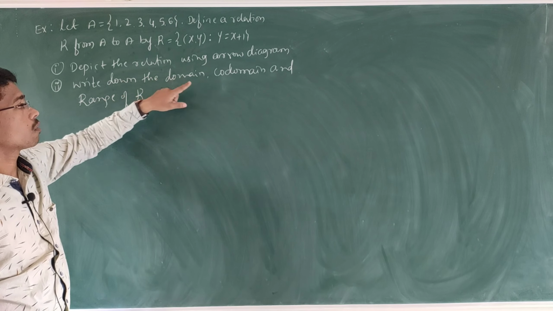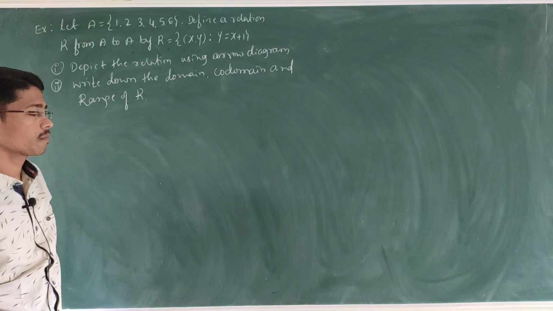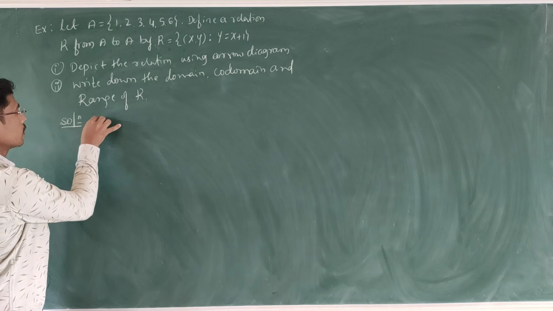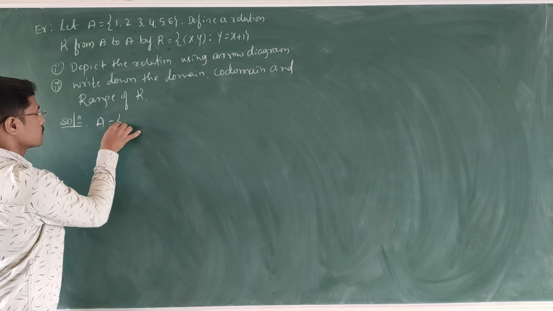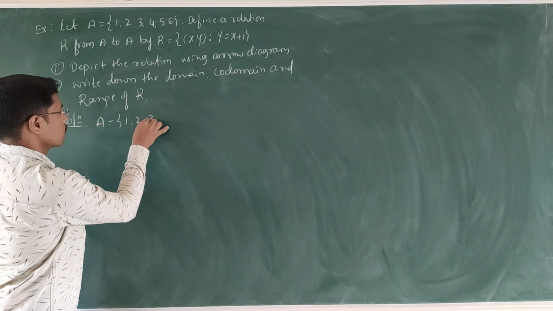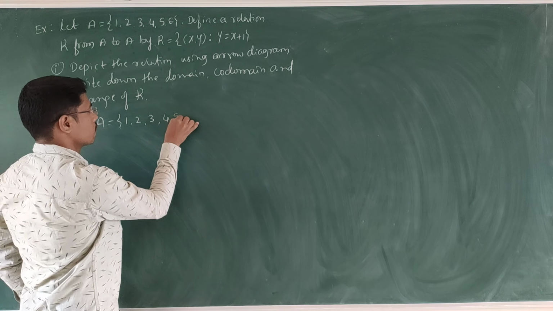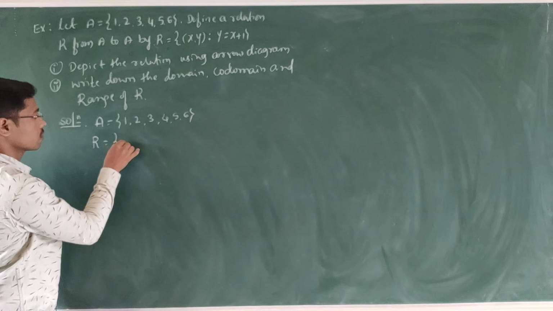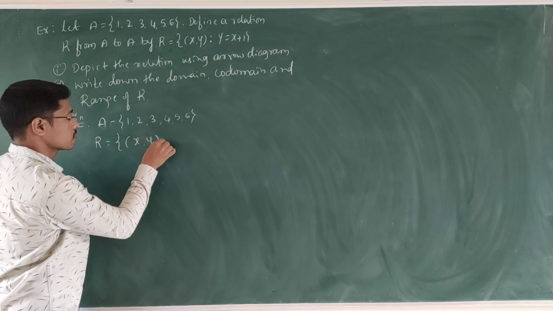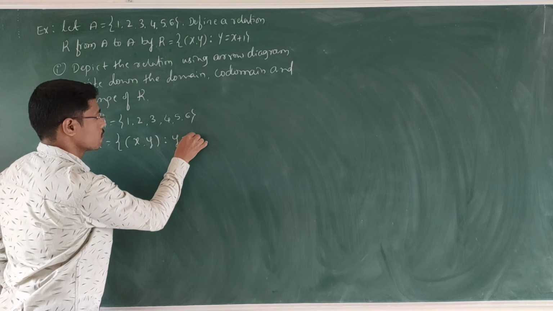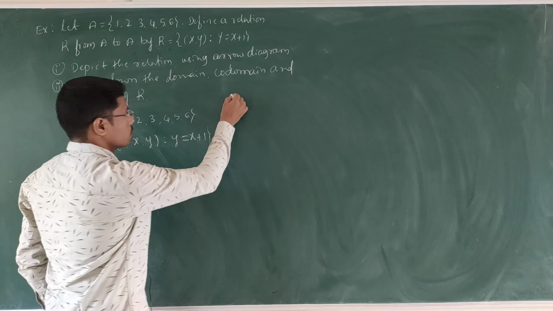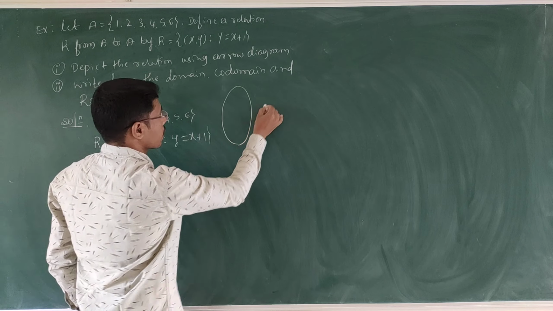Write down the domain, codomain and range of R. Given set A is 1, 2, 3, 4, 5, 6 and the relation is R equal to (x, y) such that y is equal to x plus 1. So I will write the arrow diagram here.